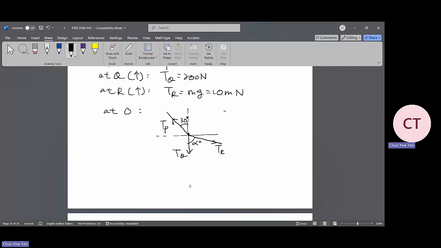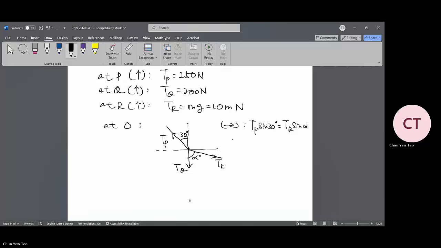If you resolve the forces horizontally, you will have TP sine 30 is equal to TR sine alpha. Just now TP is how much? TP is 250 multiplied by half, is equal to 10m sine alpha. So you get m sine alpha is 12.5.